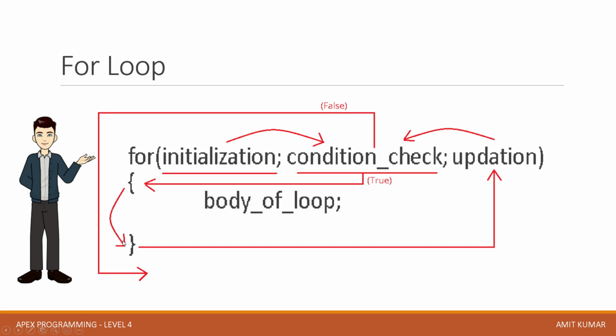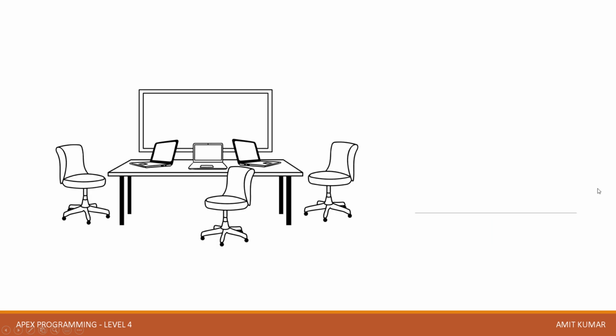Once this for block is executed, it goes back to the updation, and after the updation, it again performs the condition check. So this whole cycle continues till the condition evaluates to true, and as soon as the condition becomes false, it stops the loop, comes out of the loop and executes the very next statement after the for loop.